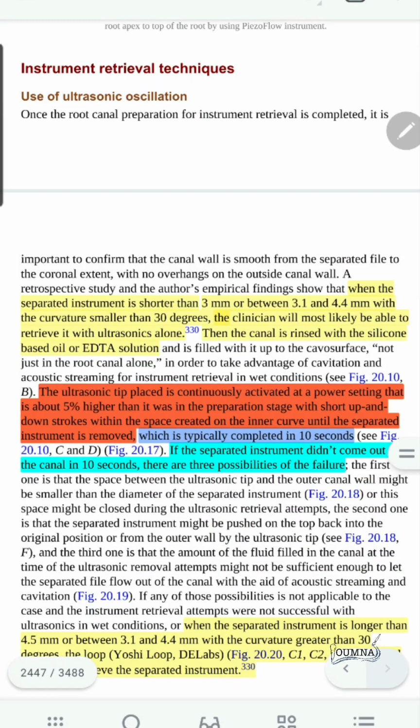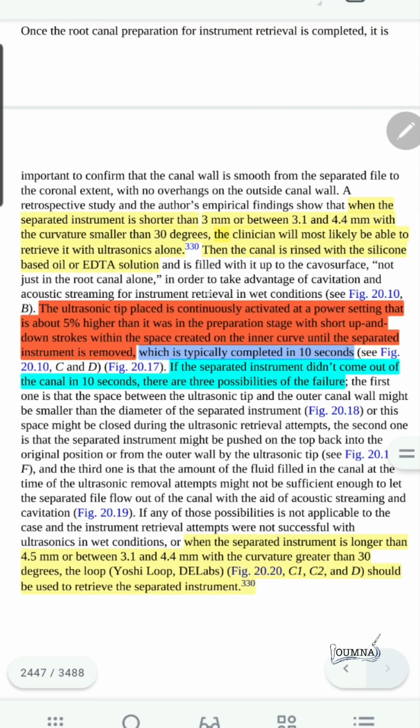So these are rules to keep in mind. When the instrument is shorter than 3 millimeters, or between 3.1 and 4.4 millimeters, we can estimate the length using a radiograph, or get the precise length using a specific image. If the curvature is less than 30 degrees, the clinician will mostly be able to retrieve the file using ultrasonics alone.